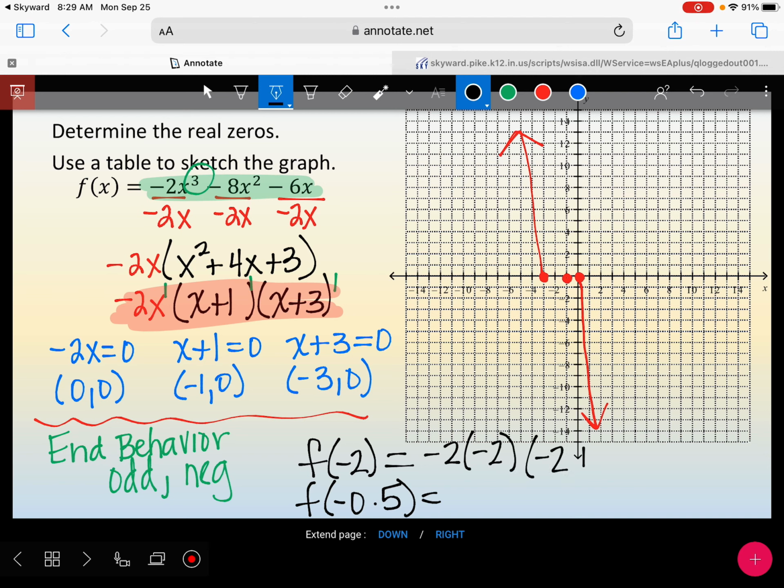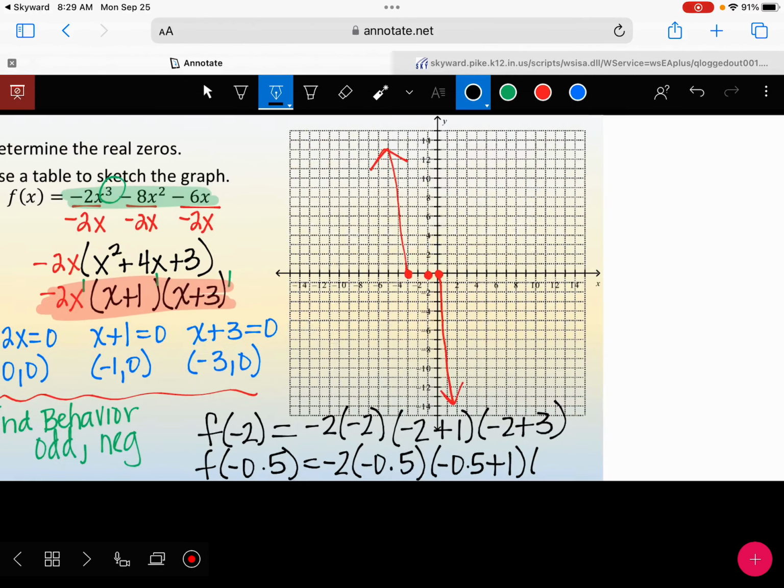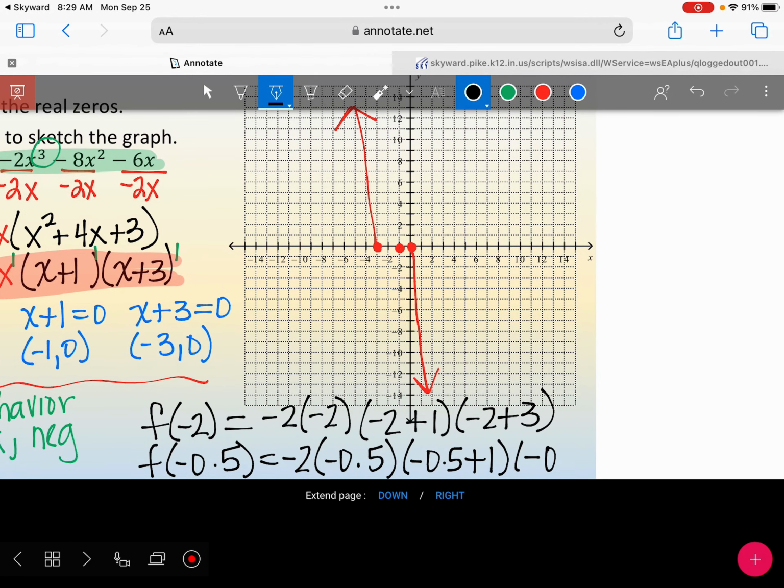Then I have -2 plus 1, -2 plus 3, and then I have -2 times -0.5, and then I have -0.5 plus 1, and -0.5 plus 3. All right, go ahead and plug it in.